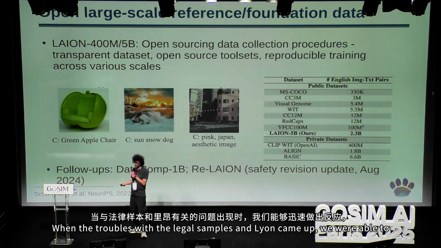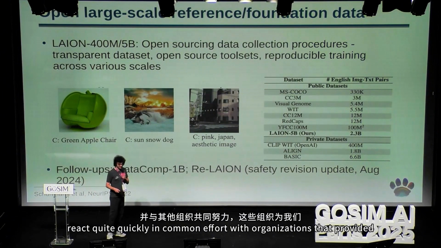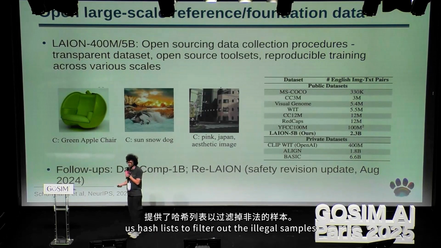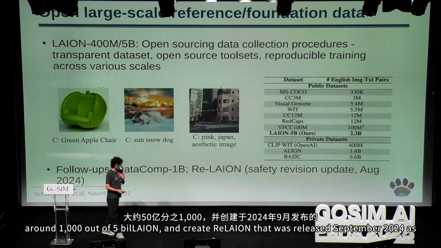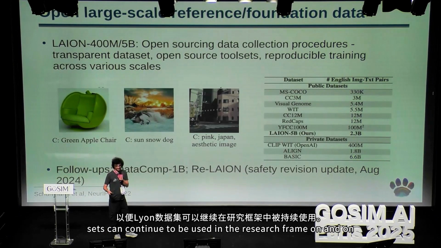When the troubles with the illegal samples in LAION came up, we were able to react quite quickly in a common effort with organizations that provided us hash lists to filter out the illegal samples, around 1,000 out of 5 billion, and create Re-LAION that was released in September 2024 as a safety revision update so that LAION datasets can continue to be used in the research frame on and on.